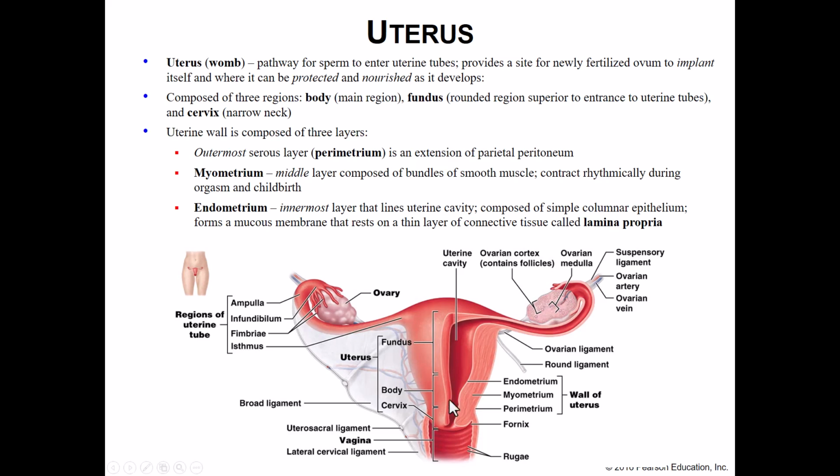Those three layers are the endometrium, the majority of which is what is sloughed off during our menstrual cycles. The myometrium is smooth muscle involved in contractions. And then the perimetrium is that outer layer that helps to give it support, made up of connective tissues.